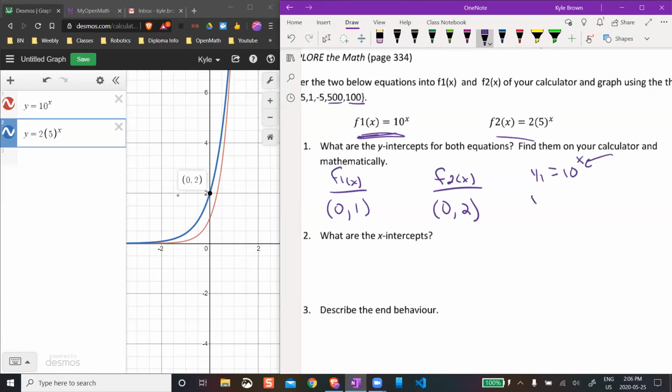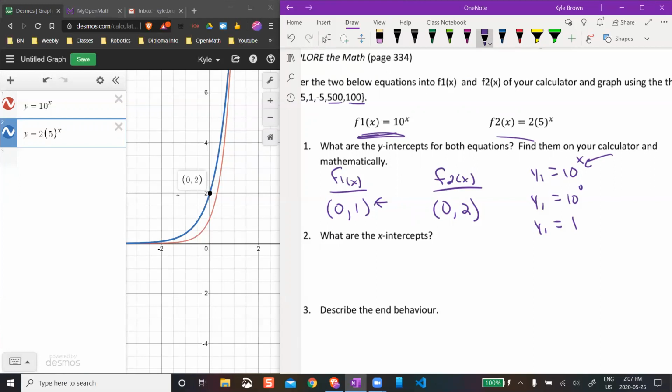So y1, when x is 0, that's going to happen at 10 to the power of 0. And we have to remember what 10 to the power of 0 is, or anything to the power of 0. Anything to the power of 0 is always just 1, right? So y1, or f1, in this case, is equal to 1. That's why it's crossing the y-axis at 1.